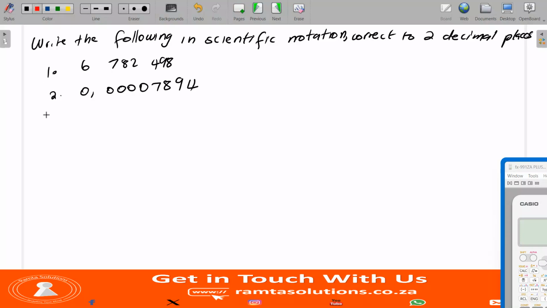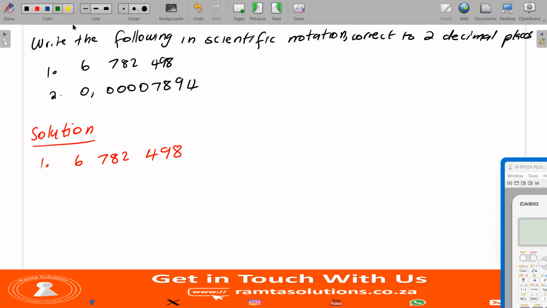Now let's get our solution. Number one, we have 6,782,498. When we write it in scientific notation, if you do not have a calculator, this is what you're going to do.